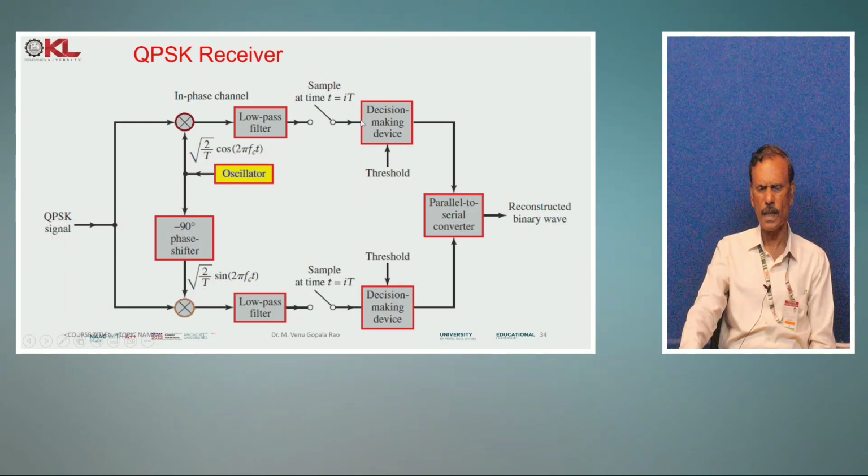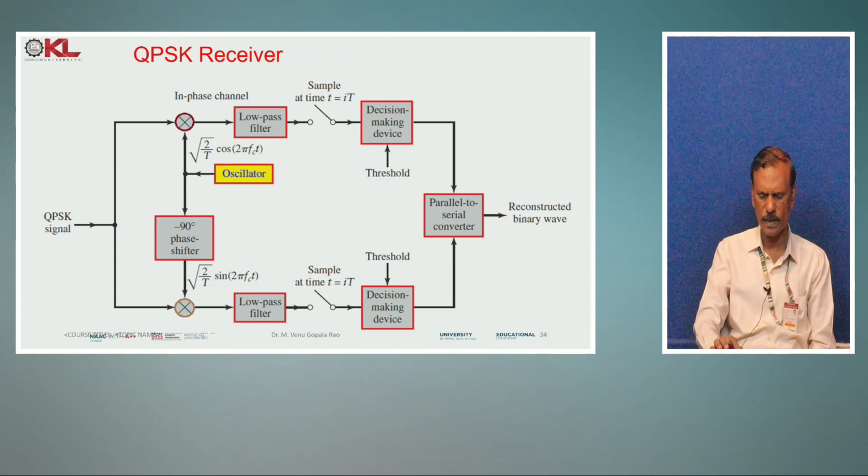Based on a threshold level, if the value is greater it is a 1, otherwise 0. We define both thresholds like this. Then after adding, we convert back with parallel to serial conversion so that we recover the message signal in binary form. This is a brief outline of the QPSK receiver.